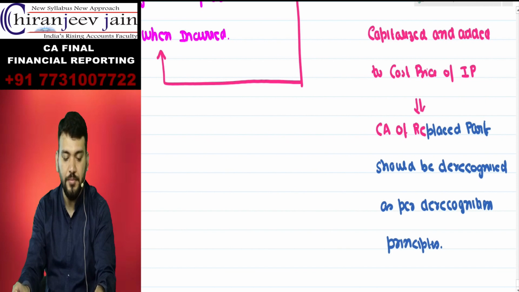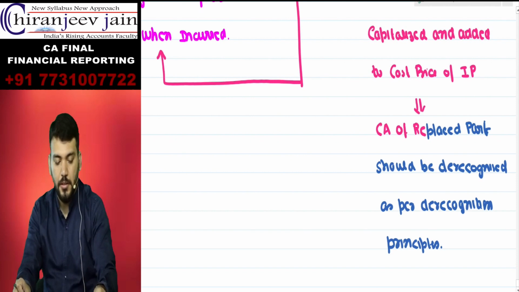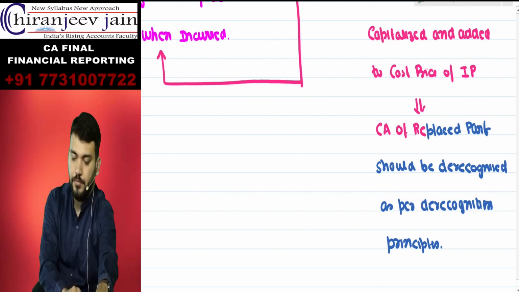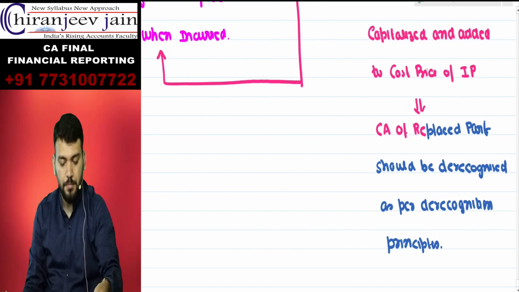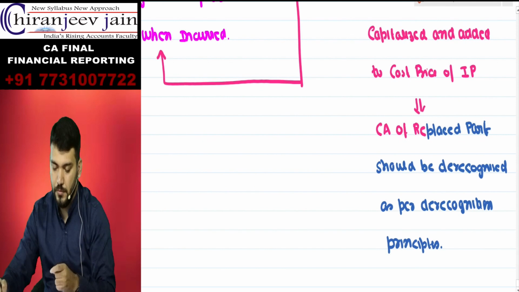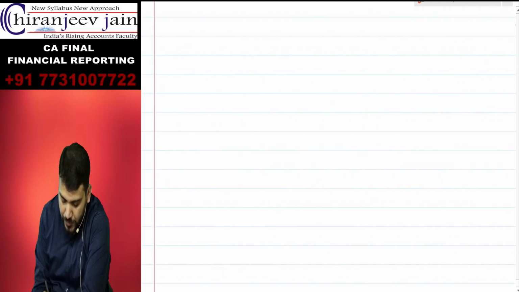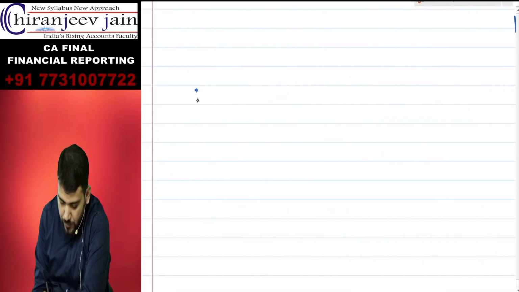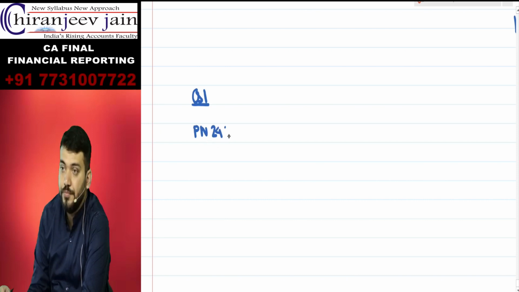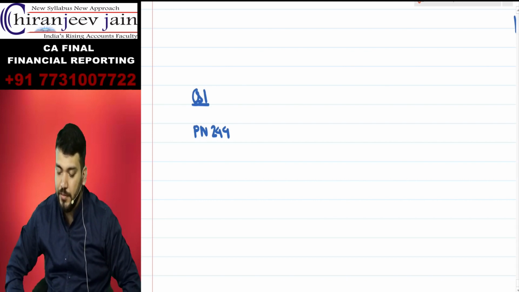Come to question number 1 of Ind AS 40. Page number 244. X Limited owns a building which is used to earn rental income, an investment property.